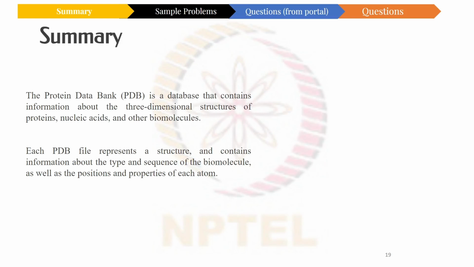We term PDB a key resource in the field of structural biology, biochemistry and biophysics, providing access to experimentally determined structures of proteins. The PDB is maintained by the Worldwide Protein Data Bank organization, which is a collaboration between several research institutes such as RCSB, that is Research Collaboratory for Structural Bioinformatics, Protein Data Bank in Europe, PDBe, and PDBj, which is Protein Data Bank of Japan.